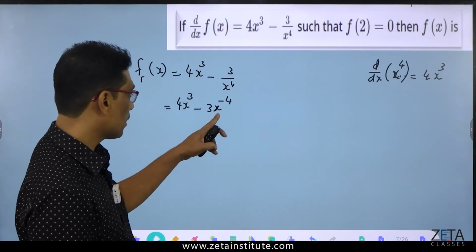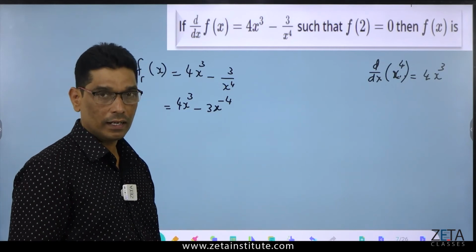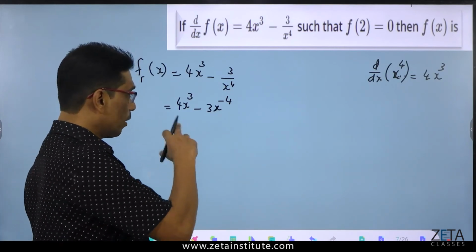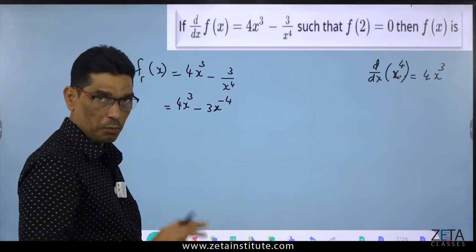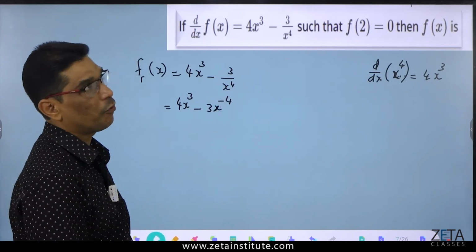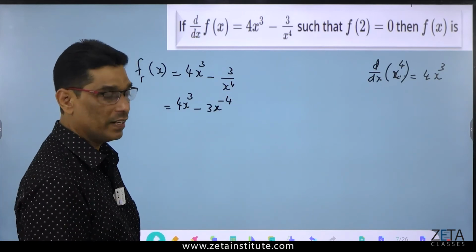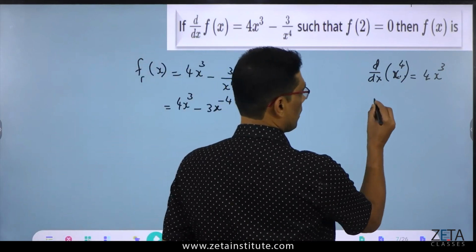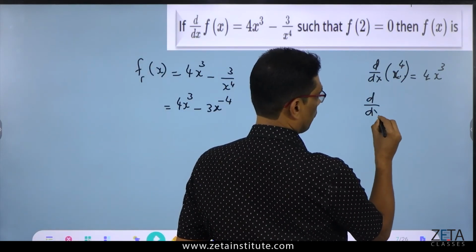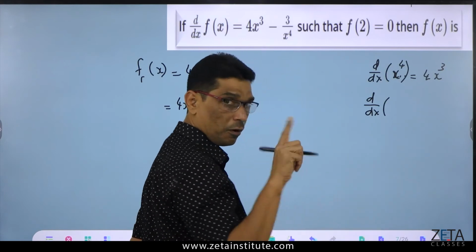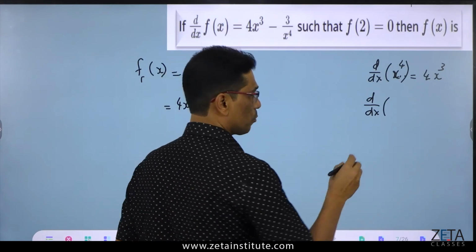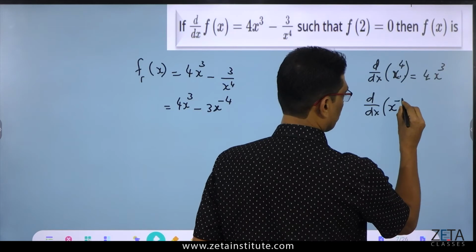Here it is x raised to minus 4. That means we need to take the degree of x more than 1: minus 4 plus 1, it is minus 3 we need to take. That means d by dx of x raised to minus 3.